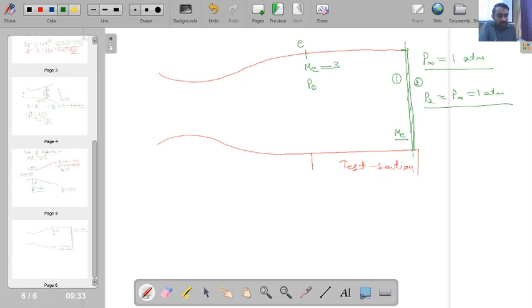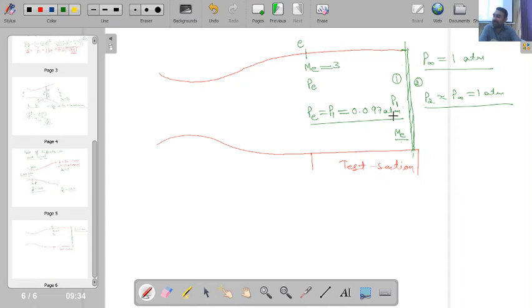So using the pressure ratio across a normal shock wave, by knowing the upstream Mach number, I can predict the value of P1. And from PE to P1, because for compressible flow we are considering inviscid flow, there will not be any static pressure loss, so PE will be equal to P1, and that comes out to be for this situation 0.097 atmospheric.